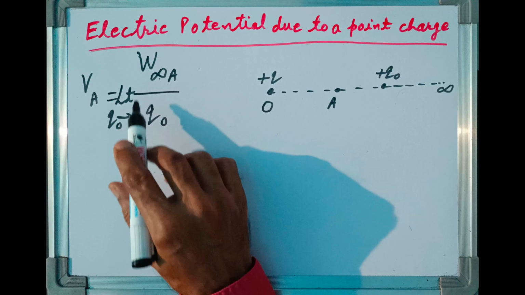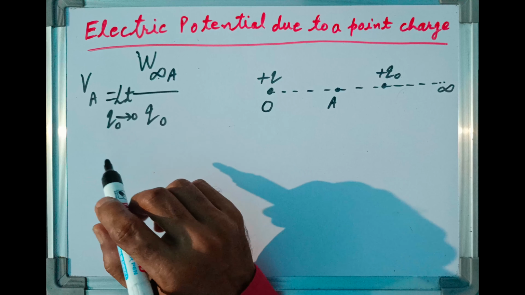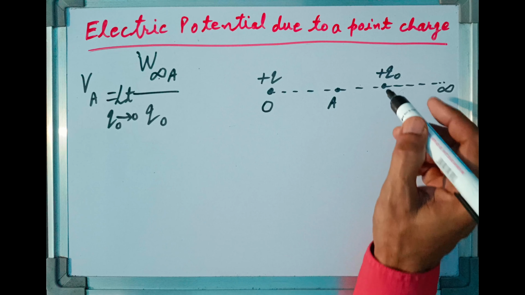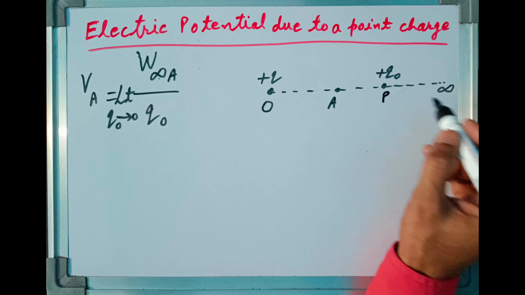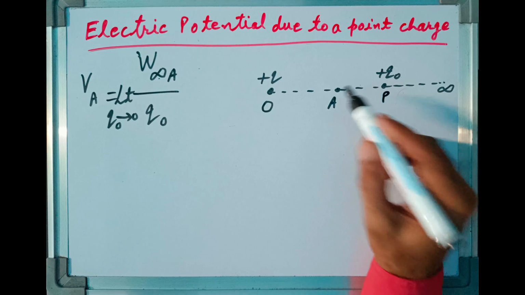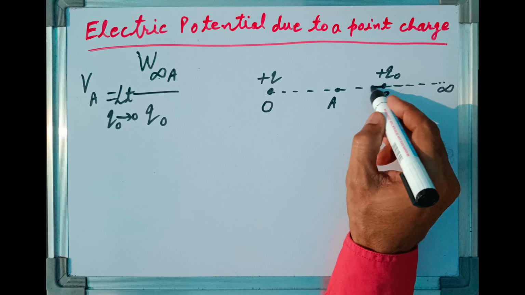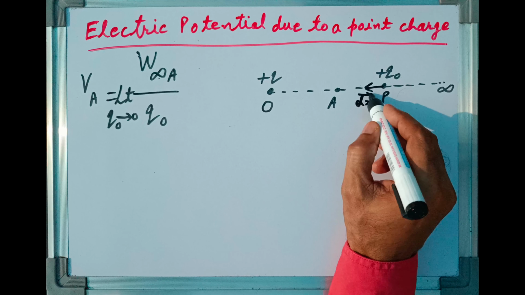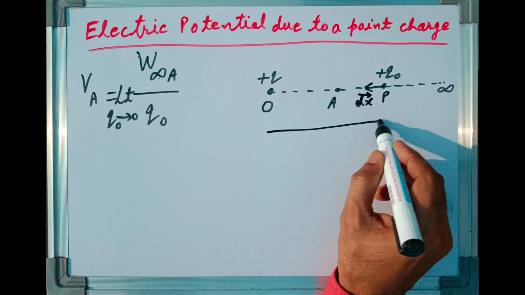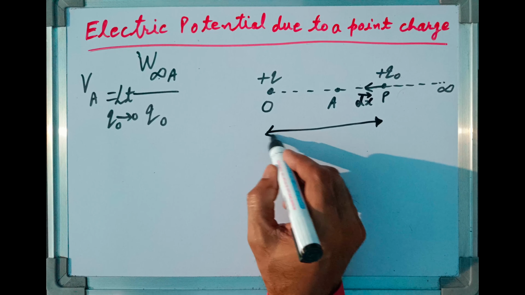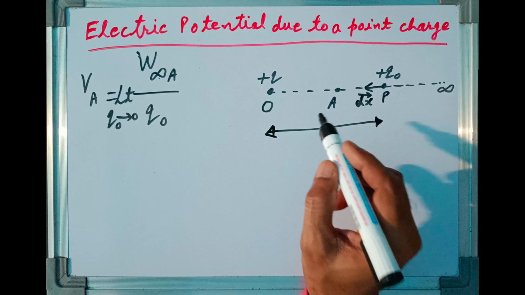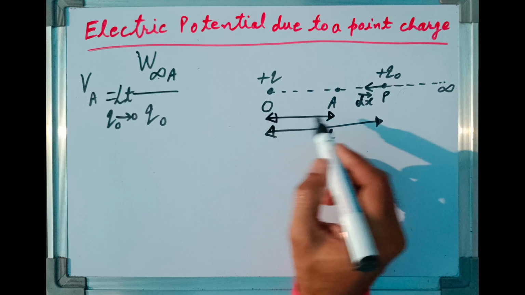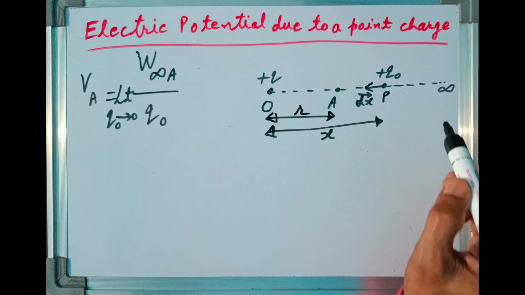Now we have to solve this right hand side and find an expression for electric potential at this point. For this purpose, let me suppose there is a point P on the path from infinity to point A. At this point P, consider a very small displacement, that is dx vector, and suppose the distance of point P from the source charge is x, and the distance of point A, that is the point of observation, from the source charge is r.